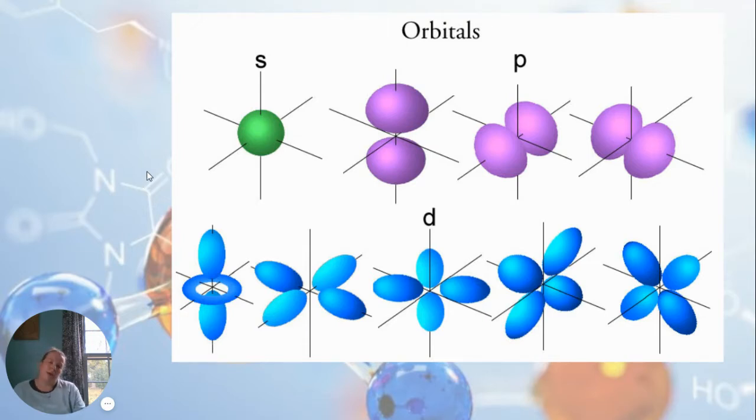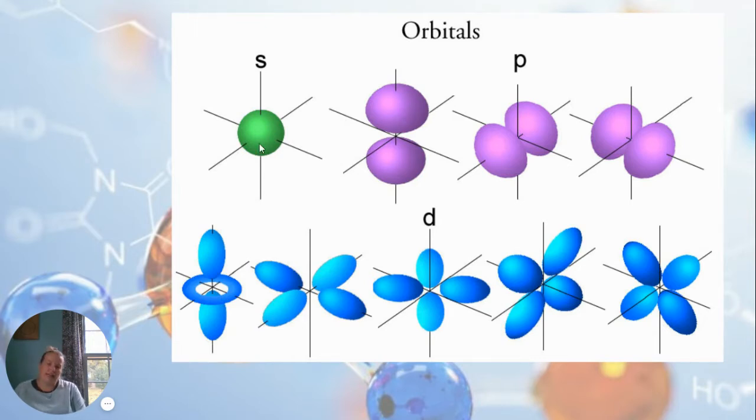A bond forms when some of these orbitals overlap with each other, like when one atom's S shell overlaps with another's P shell. And we get our bonds.